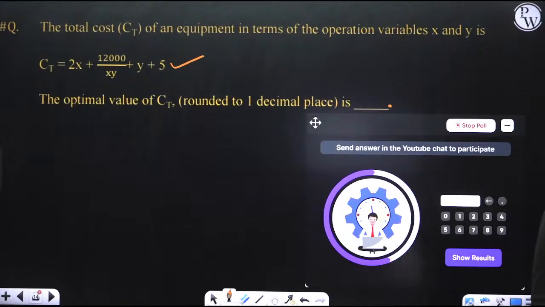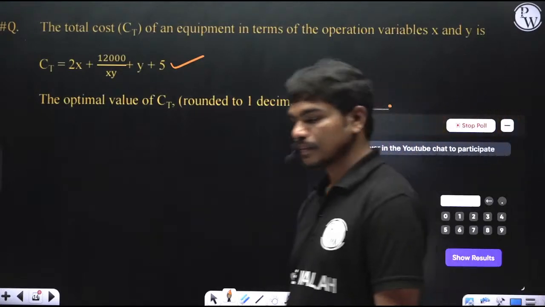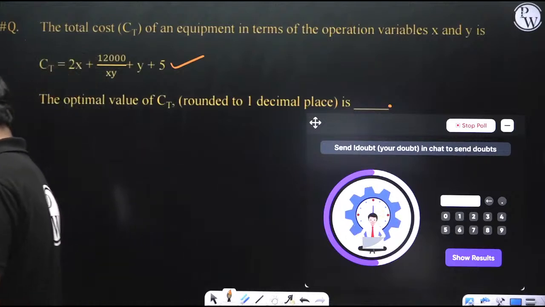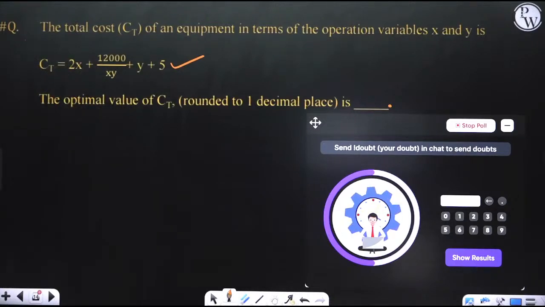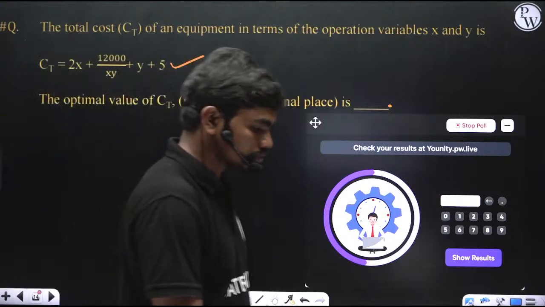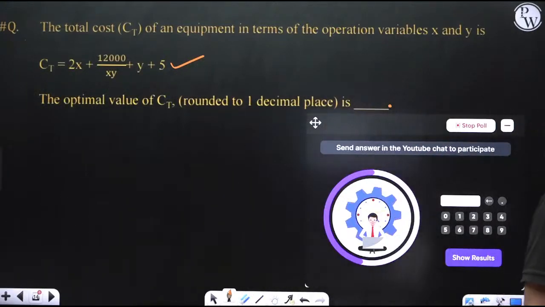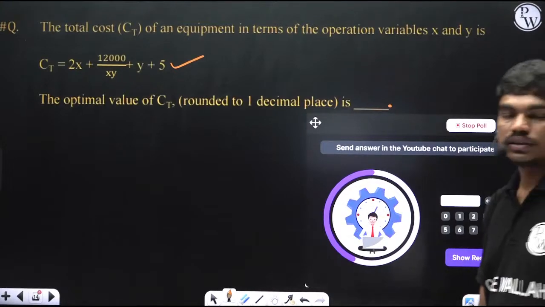Ashwini, Shravan, Sayan, Panjal, 7 stars, all of you, do it quickly.